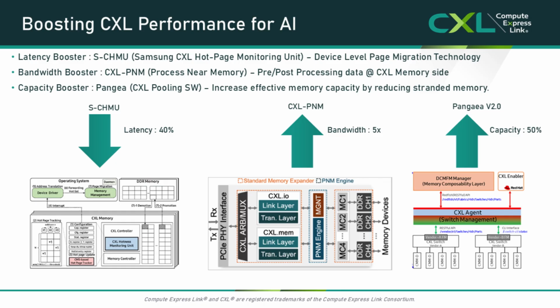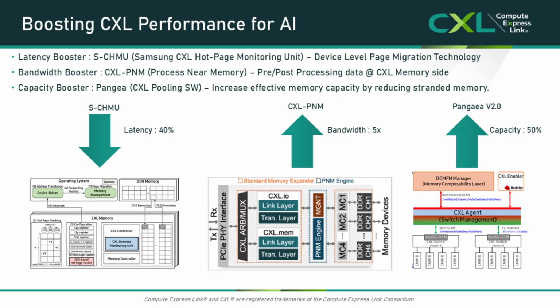Finally, we have the issue of stranded memory, which is a significant pain point in modern data centers. To solve this, we are introducing Tangier version 2, a Kubernetes-based memory orchestration solution. Tangier version 2 manages memory resources dynamically. It minimizes wasted, idle memory across the cluster and reallocates it where it's needed most.